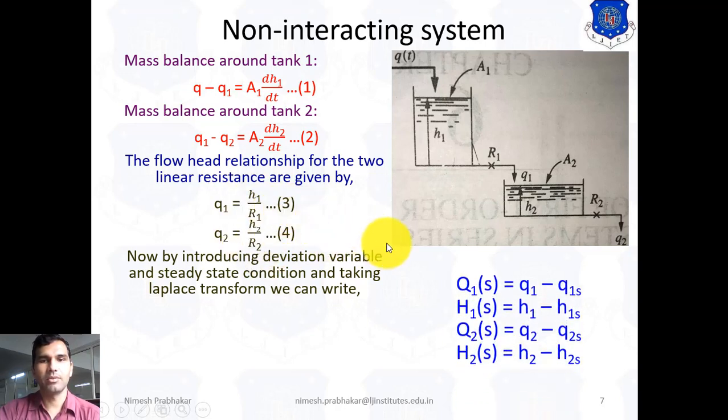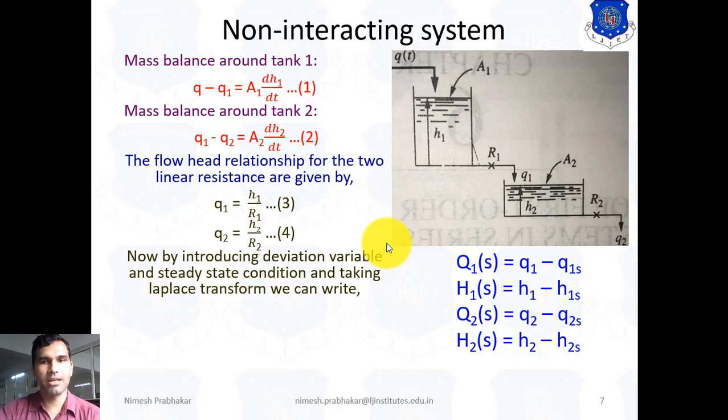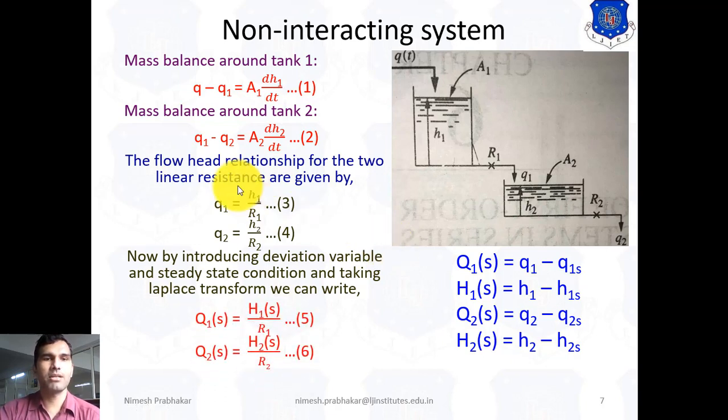Now, by introducing deviation variables and steady state conditions and taking the Laplace transform of these equations, we can write, at steady state, Q1s equals H1s by R1 and Q2s equals H2s by R2.